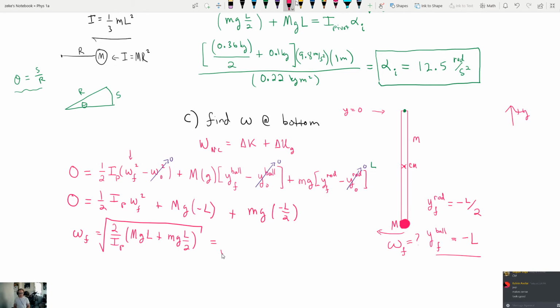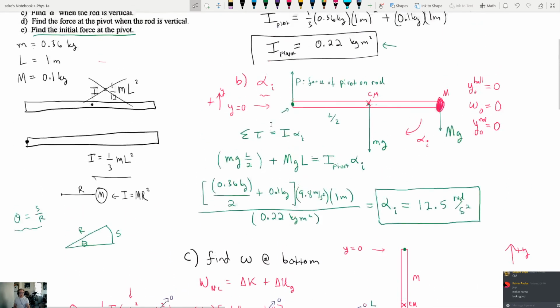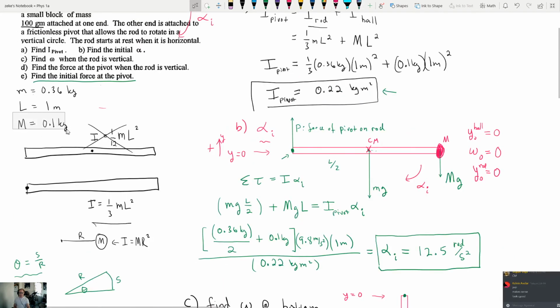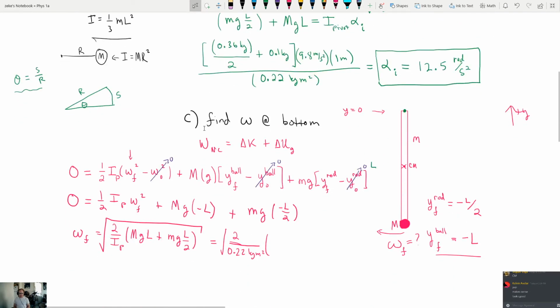All right, let's plug all the numbers in. So the square root of 2 divided by, I think I pivot was 0.22. And capital M is 0.1. That was the ball, right? Just checking, because the ball should have gone through a change in height of L, and it did.